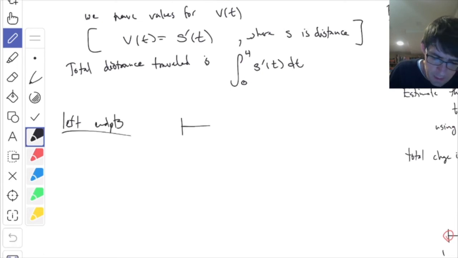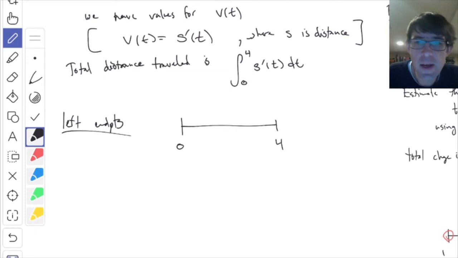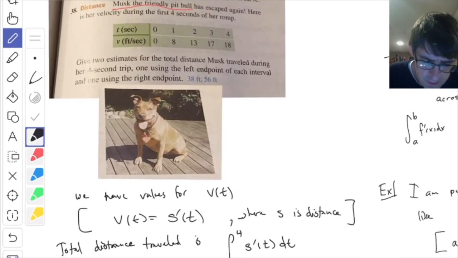I begin by writing my little interval as usual and dividing it. They didn't tell us how many pieces to divide this into, but since the data they gave us only goes according to 1, 2, 3, and 4, that's the only way we could possibly divide it up in this problem.